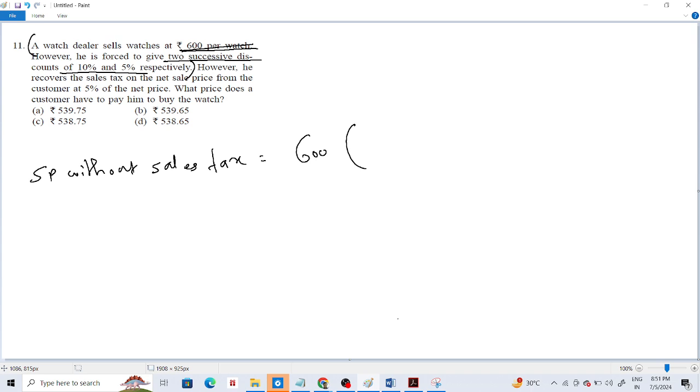Then you come to the billing counter and they say if you pay with Amazon Pay you will get 10% more. So that is a successive discount. First 80% will be applied and then 10%, so that is called successive. So here first we have 10% and then we have 5%.